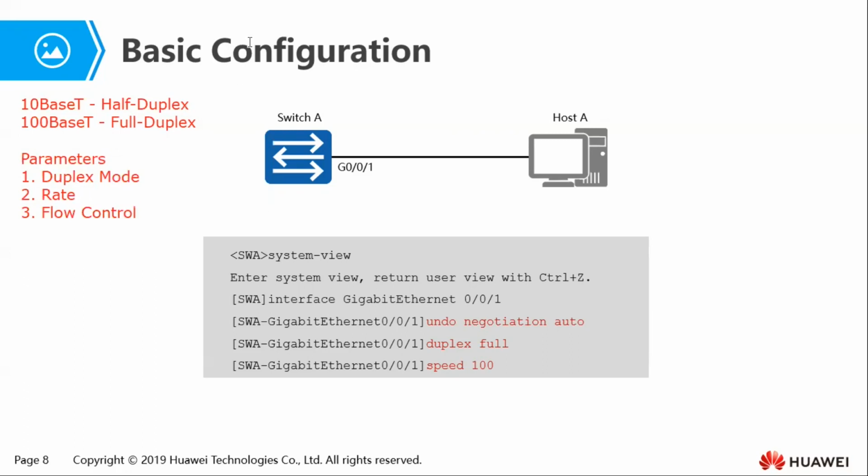So let's see what is happening here. We move from the user view to the system view. Then we get to that particular interface that is connecting to host A. So we get into the interface view of gigabit Ethernet 0/0/1. Then we have this first command here, undo negotiation auto.